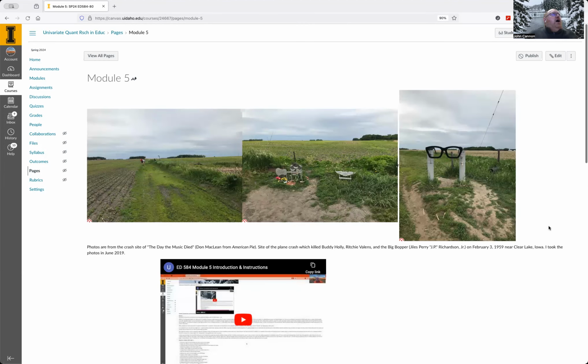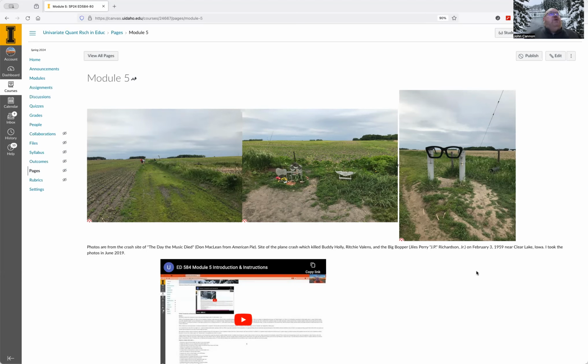So to begin with module 5, the photos, and they're not wintertime photos, but the day I recorded this, February 3rd, was the 65th anniversary of the day the music died, according to Don McLean's famous song American Pie. And the day the music died is the day that Buddy Holly's plane crashed in northern Iowa near Clear Lake in Mason City, Iowa.